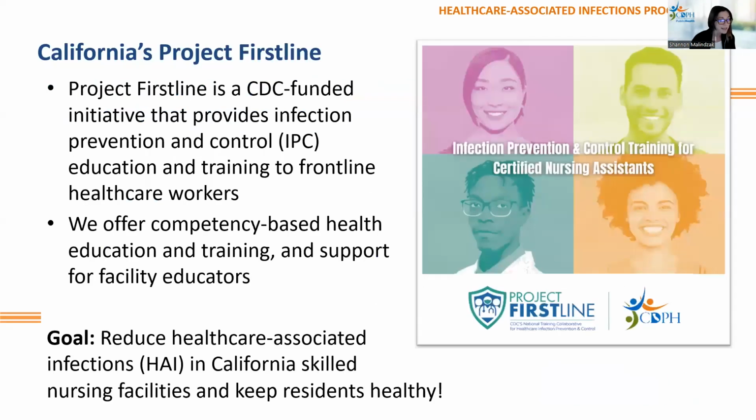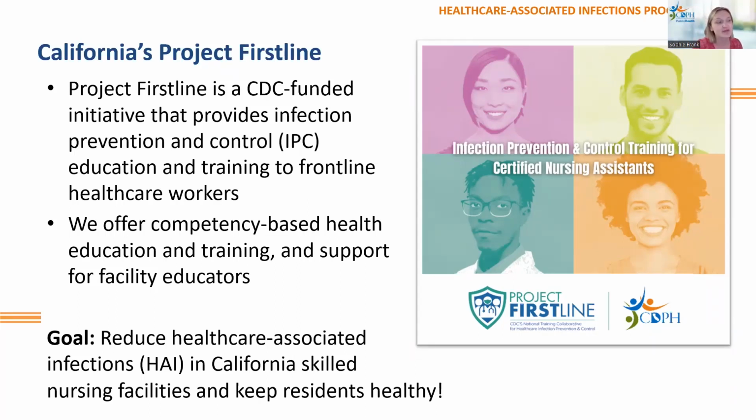I'm now going to pass it over to Sophie to introduce Project Firstline and the format of our workshop today. Thanks, Shannon. Hi, everyone. I'm Sophie, and I'm here to talk about Project Firstline. So Project Firstline is a CDC-funded initiative that provides infection prevention and control education and training to help frontline healthcare workers.